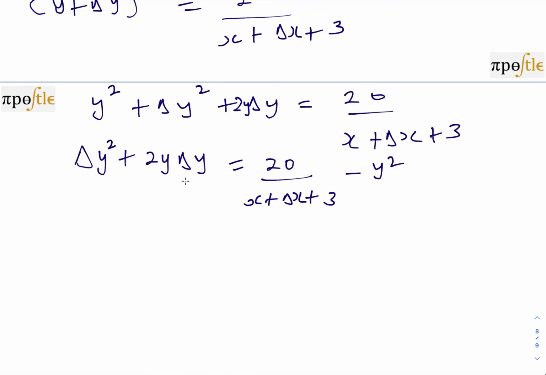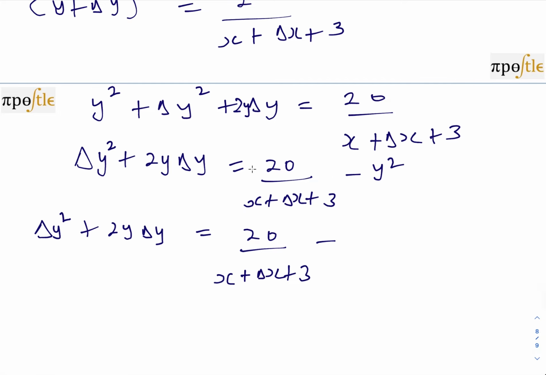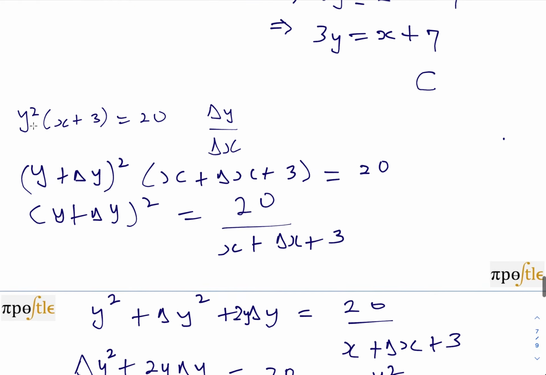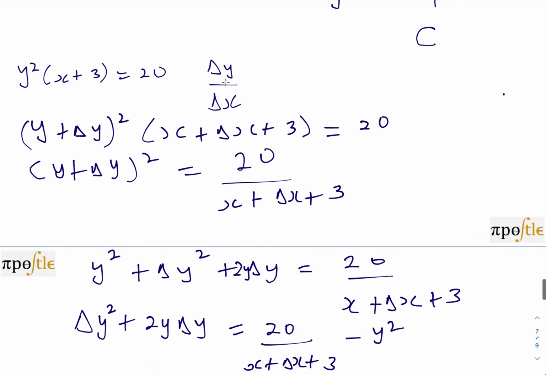We know from the first expression, y squared multiplied by (x plus 3) equals 20, that y squared is the same thing as 20 divided by (x plus 3).